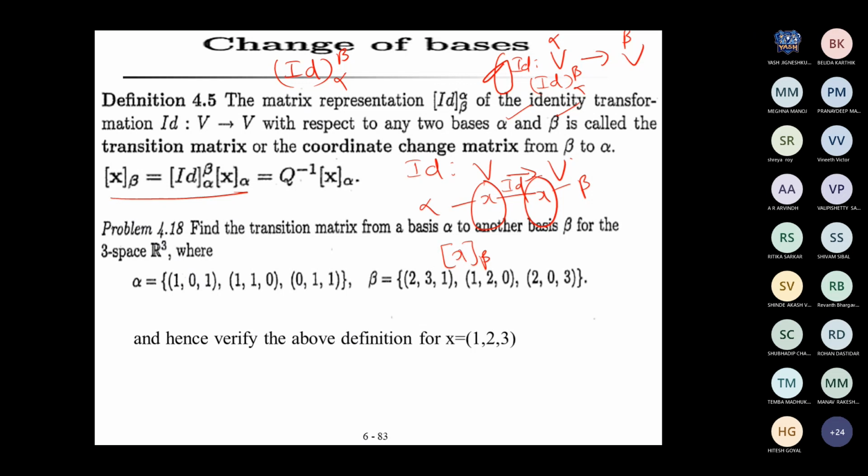What do you mean by coordinate vector? X is any arbitrary vector from V, right? And suppose your beta has some beta 1, beta 2, something like that. Then I'm trying to write X as C1 beta 1 plus C2 beta 2, and so on.